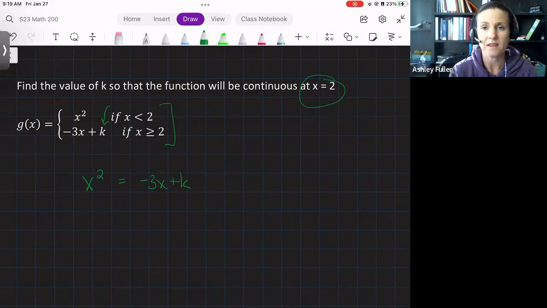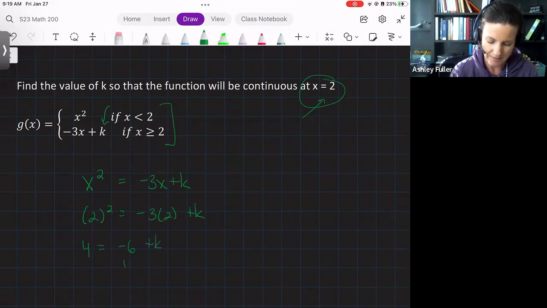To do this, we set the two pieces of the piecewise function equal, and then we want to find this continuity at 2. So plugging in 2, we get 2 squared equals negative 3 times 2 plus k, which gives us 4 equals negative 6 plus k. And solving for k, we get a value of k being 10.